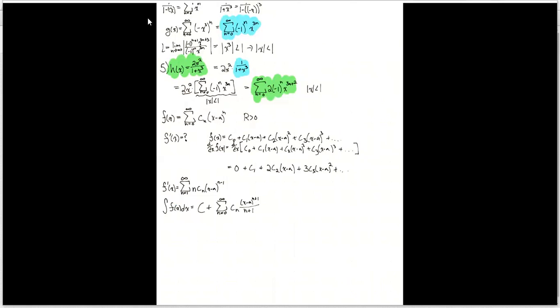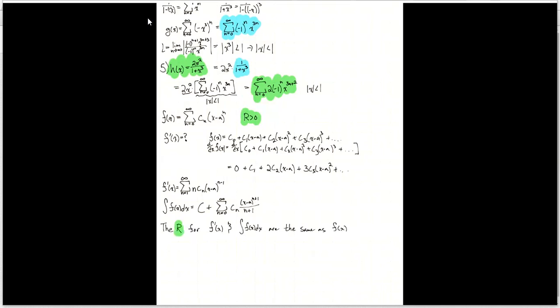Now, it's really interesting to note here that if we had some r, the r for f prime of x and the integral for f of x dx are the same as just f of x.